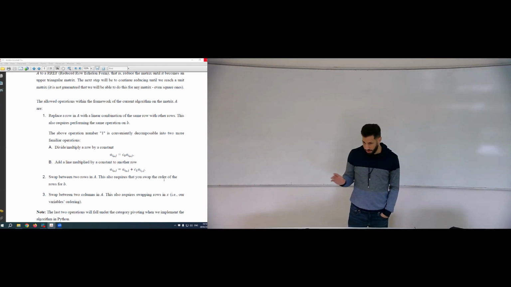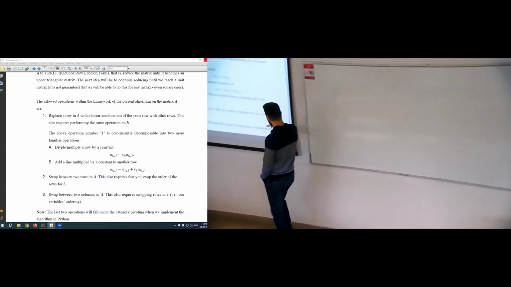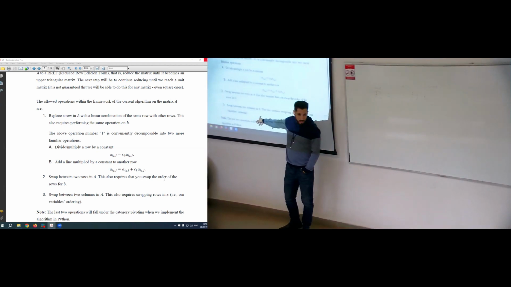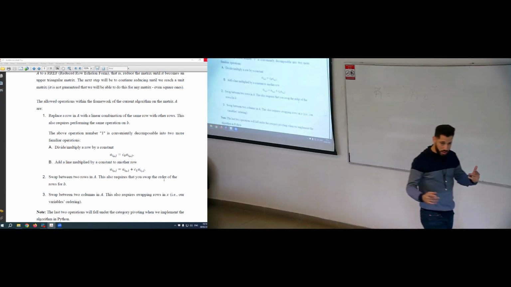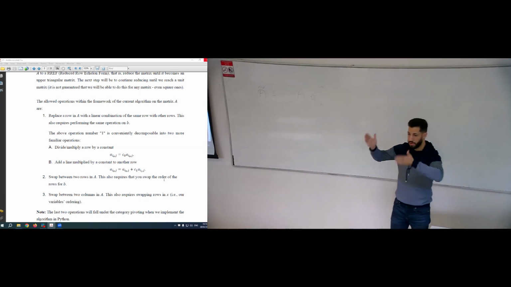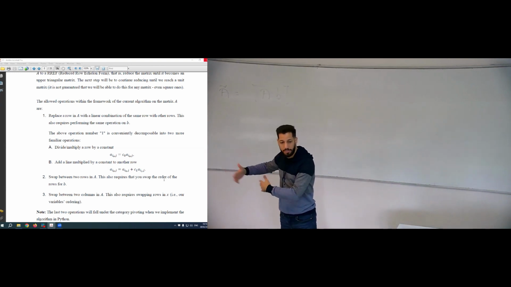So for now, we will use only the first operation, but you know the third operation has a consequence, which is the change of the order of the variables. If we swap columns, we also have swapped the variables corresponding to those columns.